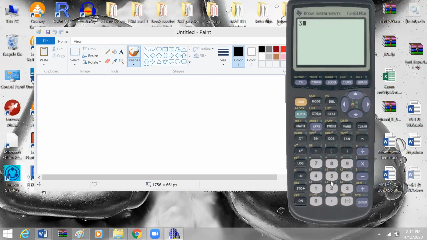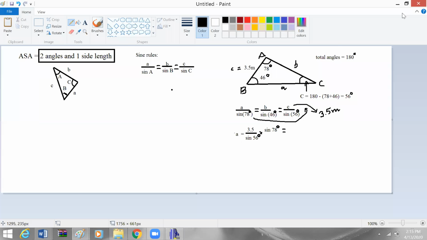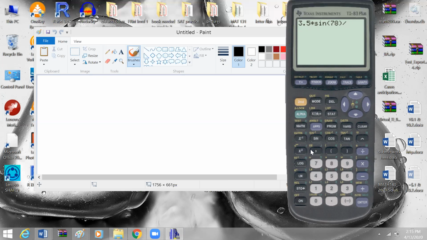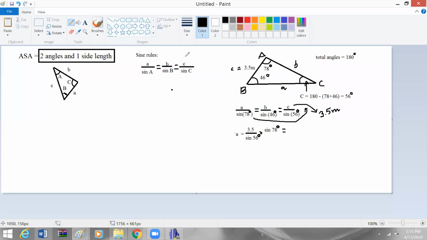So 3.5 times sine of 78 divided by sine of 56. Let's check this out. We get the answer, which is 4.13. So the answer for that would be 4.13.